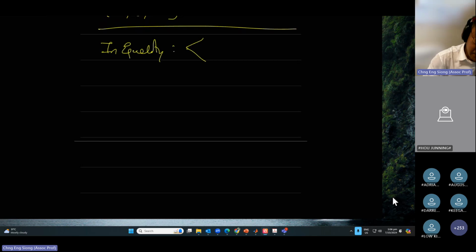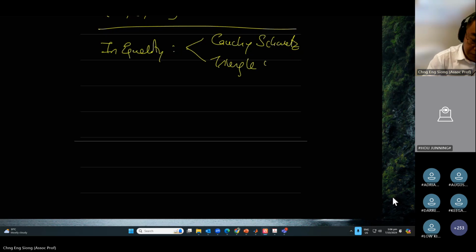Two important ones: Cauchy-Schwarz and the triangle inequality. We are only going to introduce these two inequalities. Our course is an engineering course. We are going to use these inequalities. We're not going to be proving them as much as the math students.